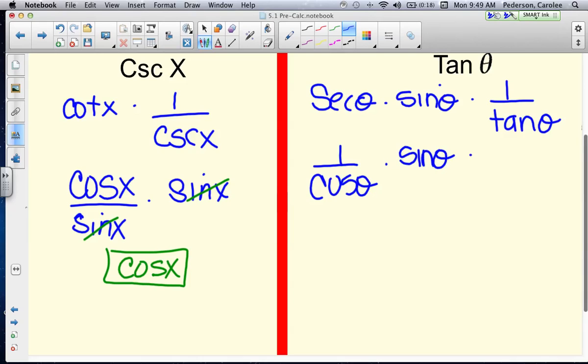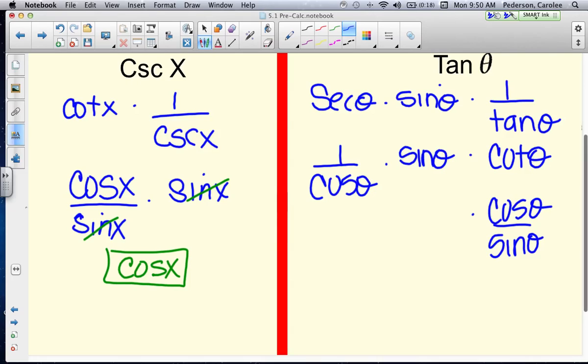What is 1 over tangent of theta? The reciprocal of tangent is cotangent. And do we know what cotangent is? Cosine over sine. So rewrite cotangent as the quotient identity.